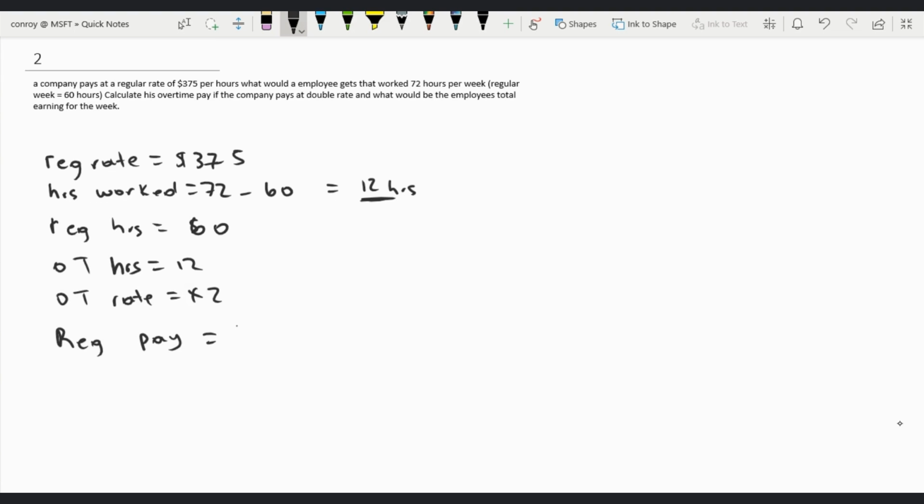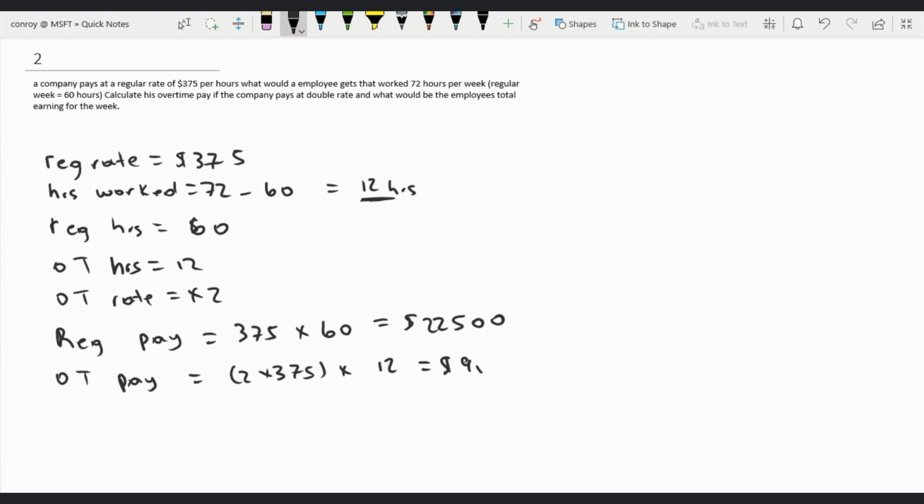The regular pay is equal to the rate, which is 375, times the number of hours worked, which is 60, and that would give us 22,500. So the OT pay now is equal to 2 times the regular rate multiplied by the number of hours worked, which is 12, will give us 9,000.